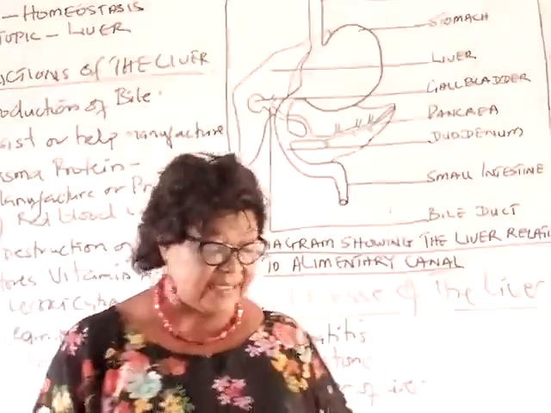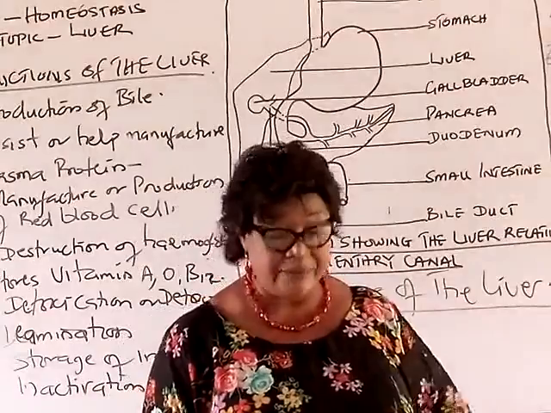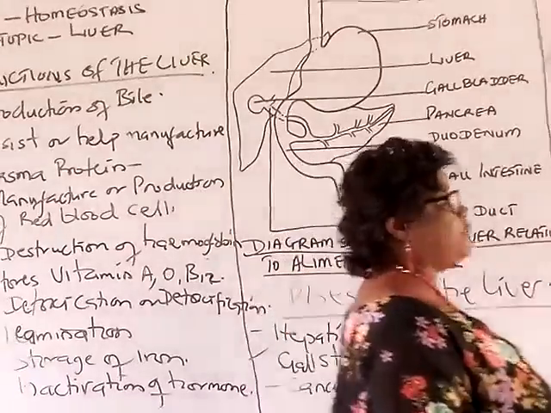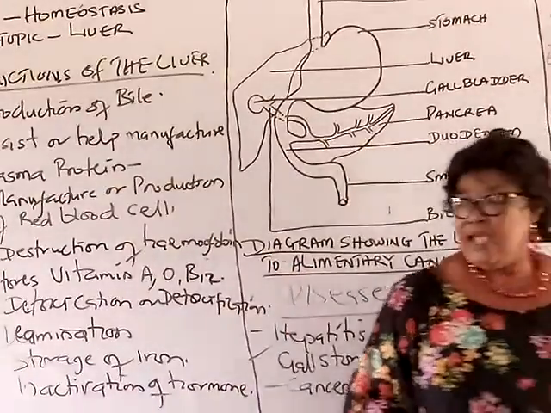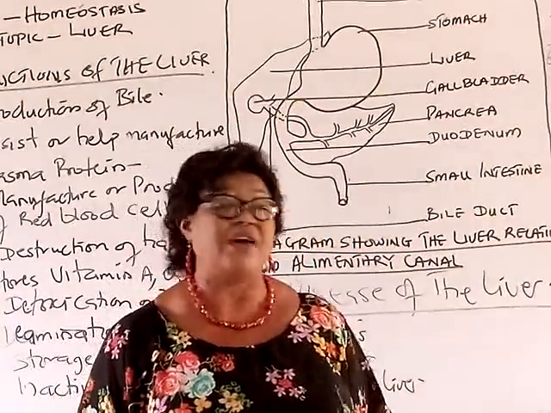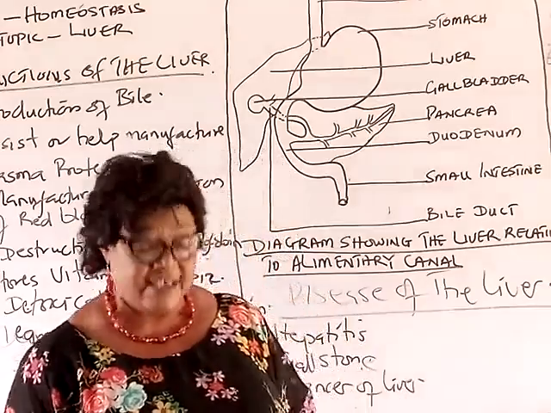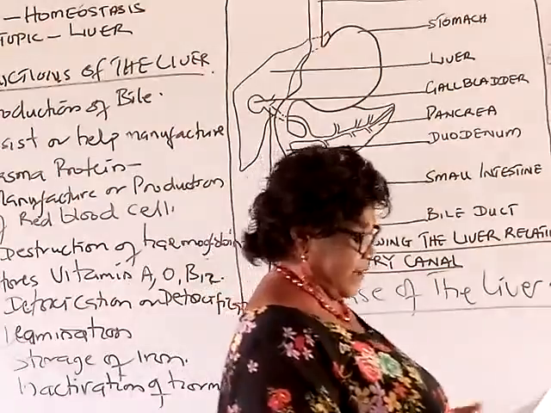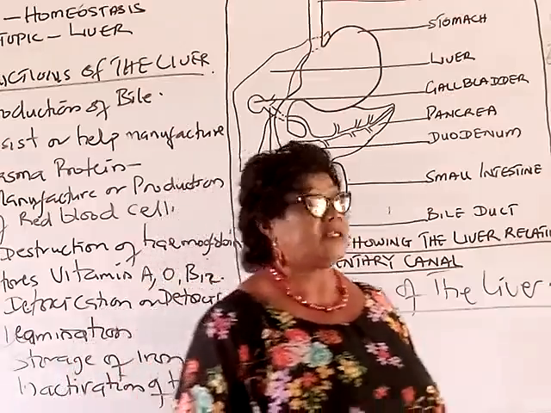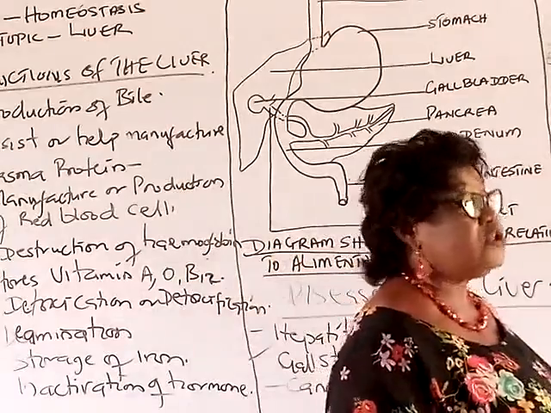Hepatitis as a liver disease is linked to inflammation. What do I mean by inflammation? Inflammation of the liver, which may be due to viral infection, toxic substances or poison, alcohol, or drugs.